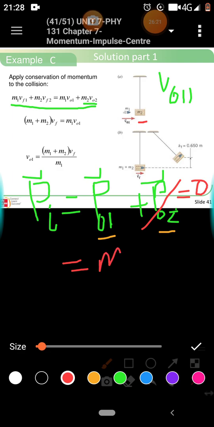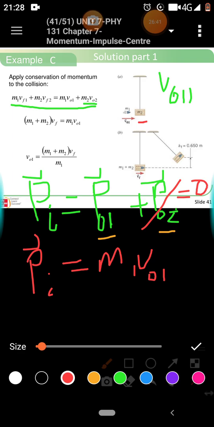So this reduces to m1 v0 1. So this will be the initial momentum. Take note of that, because we'll need it later.